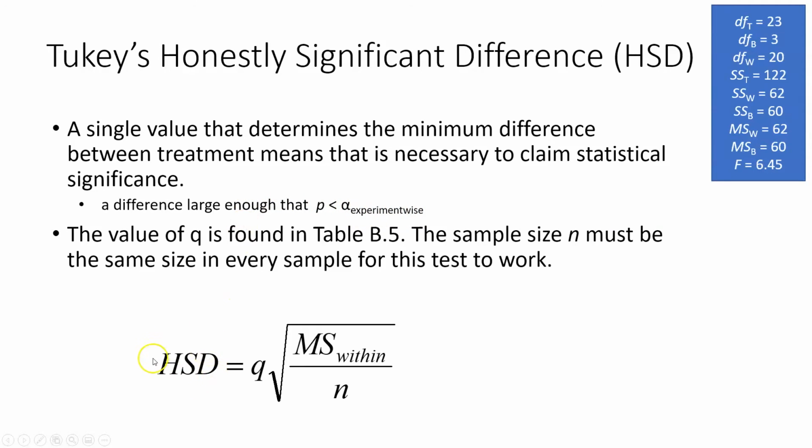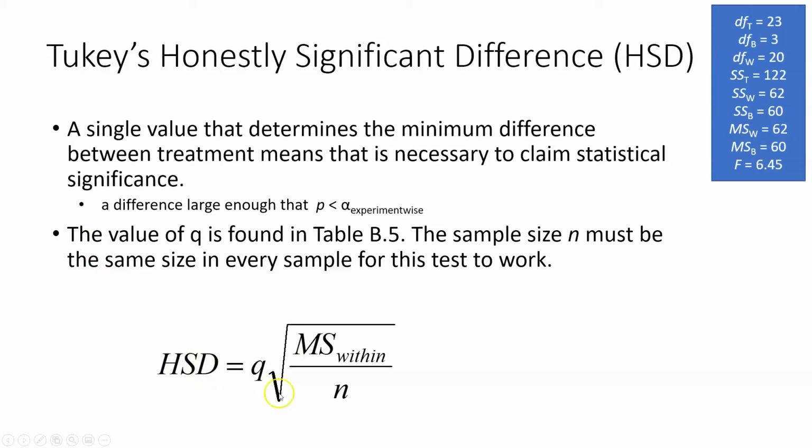If you compute the HSD, it gives you a number, and you compare your mean difference for first group minus second group, first group minus third group, second group minus third group. You compare each of those differences against this value, and if your difference is bigger than this, then it's a real difference, and if it's not, then it's not a real difference. And then we've controlled for the alpha across the whole experiment by computing one value that's a critical value against which we can compare all of our other differences.